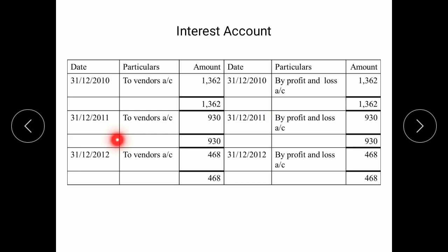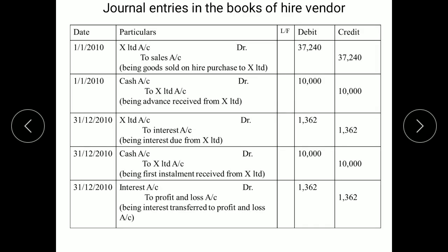In the second year, again when the interest is payable, 930, this interest amount is then transferred to profit and loss account. The same way it has to be repeated for the remaining years also. So these were the accounts prepared in the books of the hire purchaser. Next we'll look at journal entries in the books of the hire vendor and accounts in the books of the hire vendor.